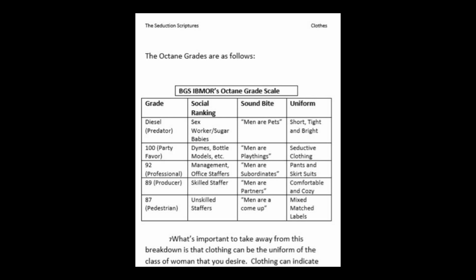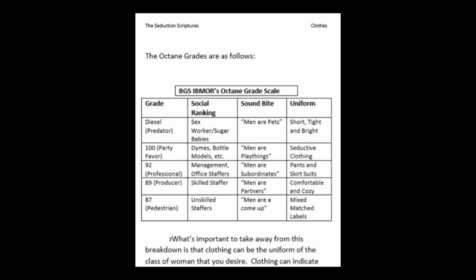Now, as in other videos, people may know that I purposely leave out the 85, even though, when I was doing a breakdown of the Octane scale observations from my perspective, I had to include the 85 just to show the contrast between the other levels.